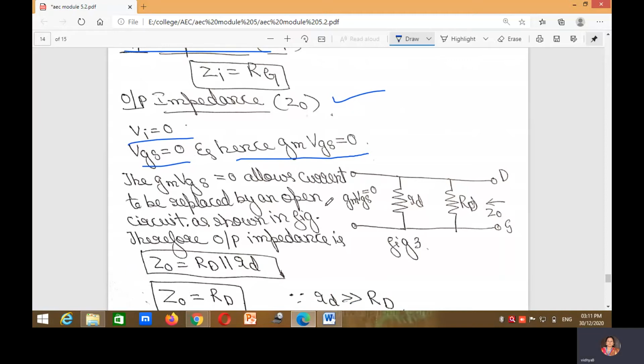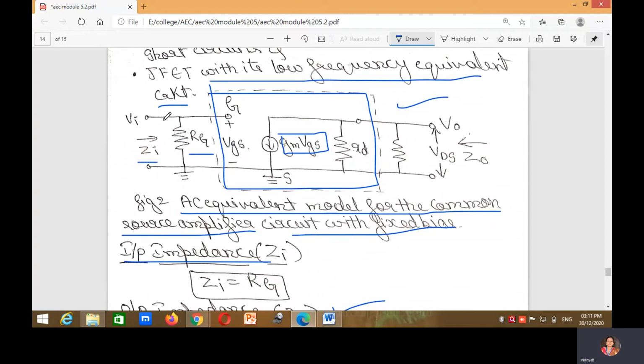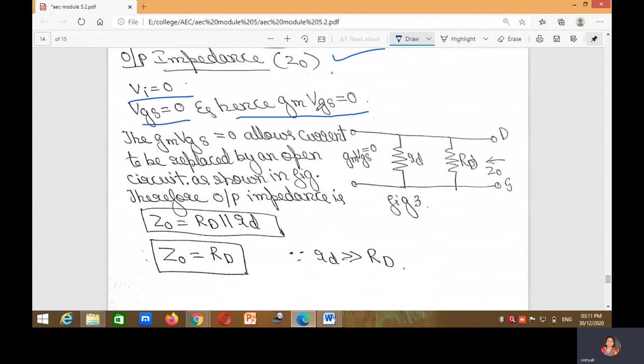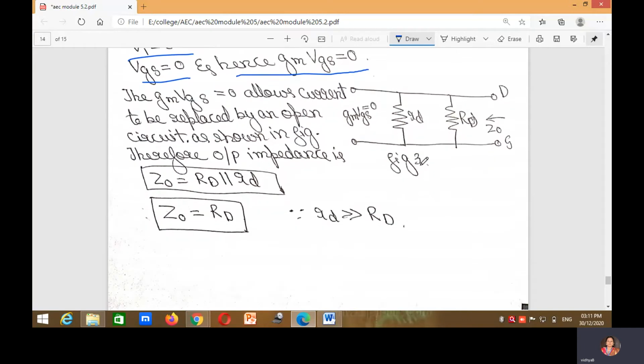Only RD and capital RD remain, so Zo is equal to RD parallel with capital RD.